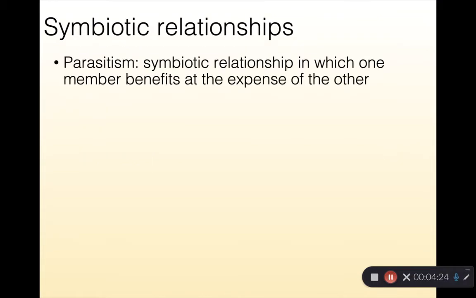So the first type of relationship we're going to talk about is parasitism. Now you've probably heard about maybe all of these, but this one is really in which one of the members of the symbiotic relationship is benefiting at the expense of the other.